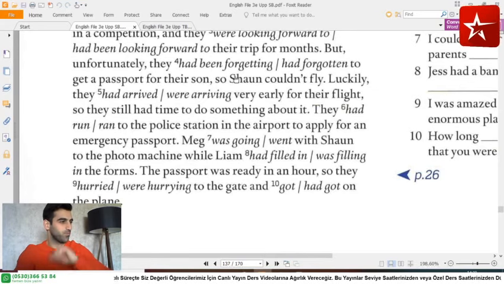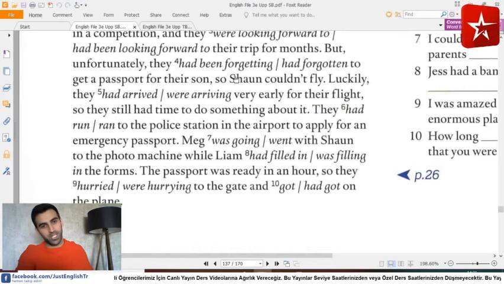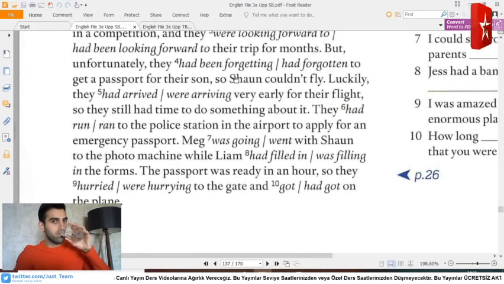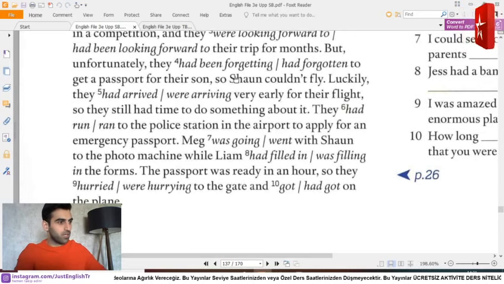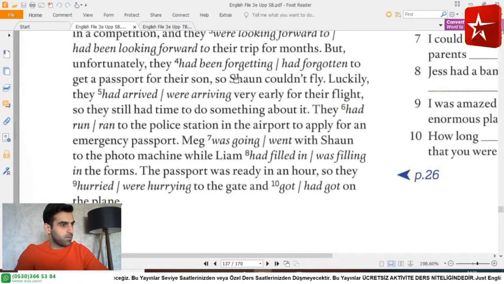So which answer is correct? Had been forgetting or had forgotten? The students say had forgotten. Yeah, the correct answer is had forgotten.